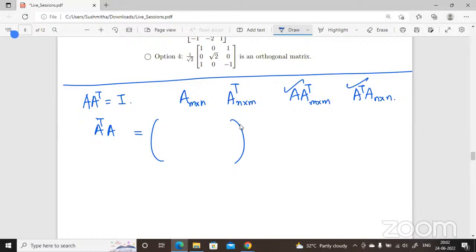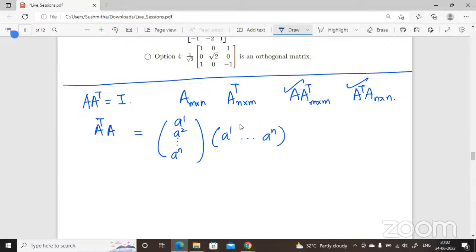Yes, you're almost there. Which one, row or column? If A is a row vector, automatically it becomes a column vector in the transpose, so I'm multiplying the vector with the vector, a dot product. Yeah, which vector with which vector?